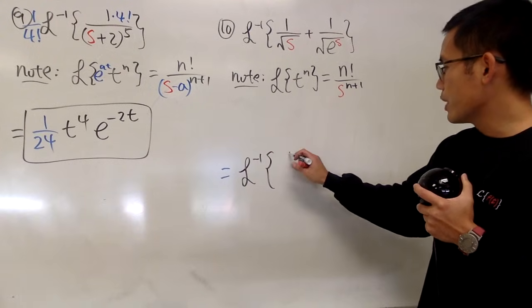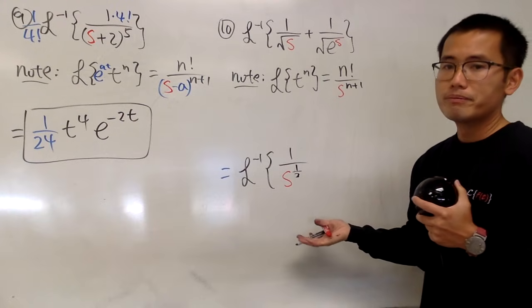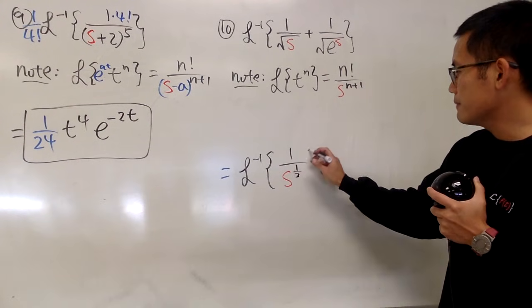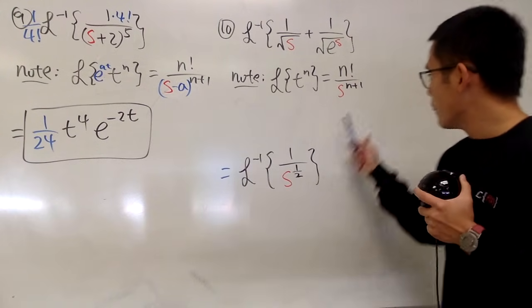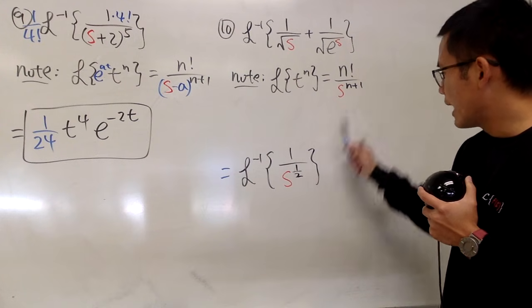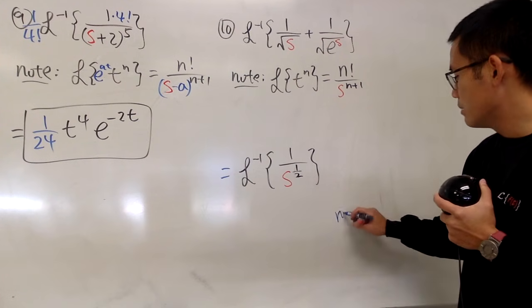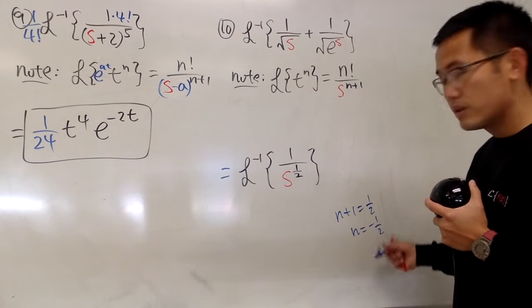For the first part, we can look at it as 1 over s to the 1/2 power. So we can use this to take care of the first one. n plus 1 has to be 1/2. So n is equal to what? n plus 1 is equal to 1/2, so n is actually -1/2, right?